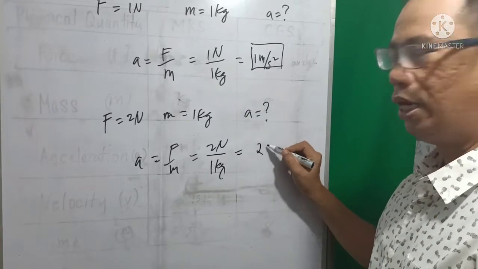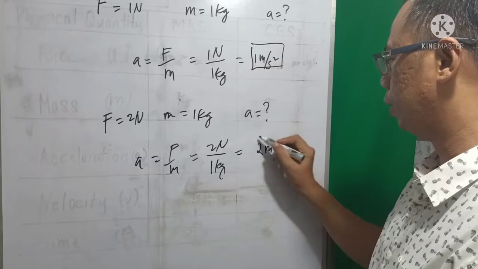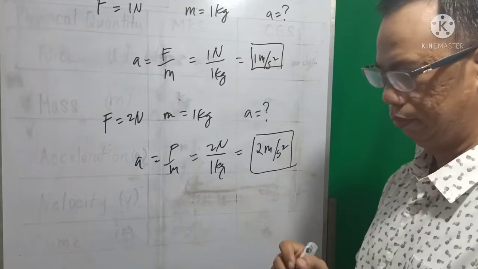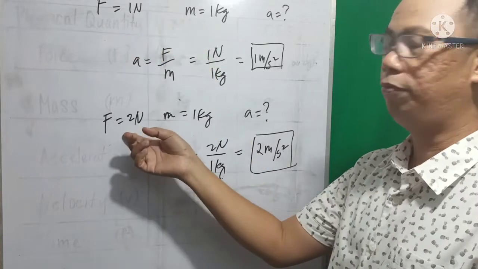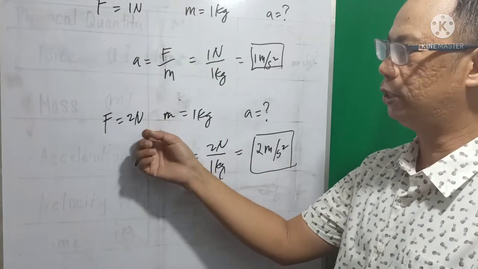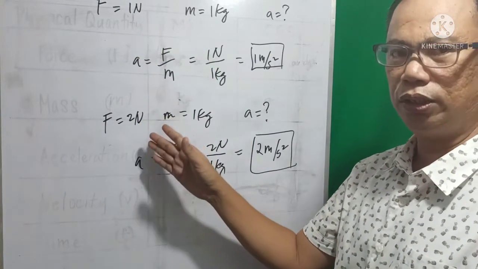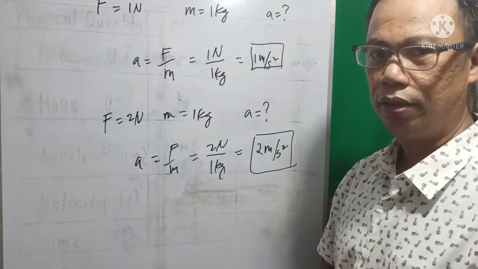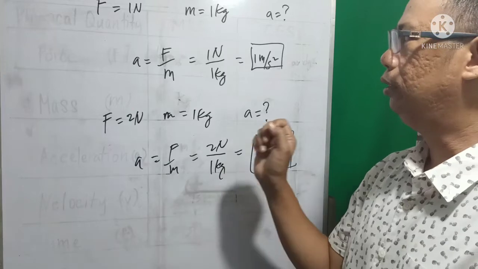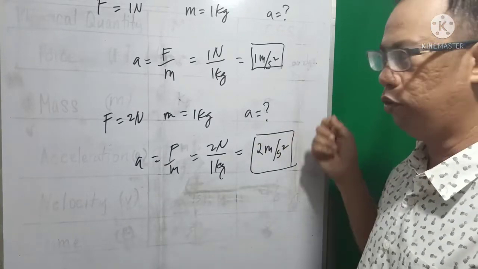Then we have 2 meter per second squared. As you can see, we doubled the force on this part. So meaning to say, the statement is correct. When we double the force, the acceleration is also doubled.